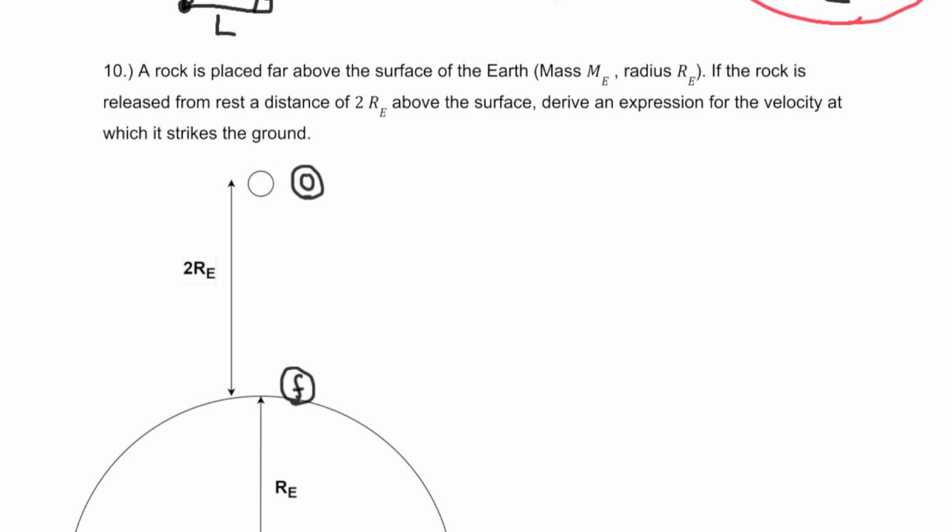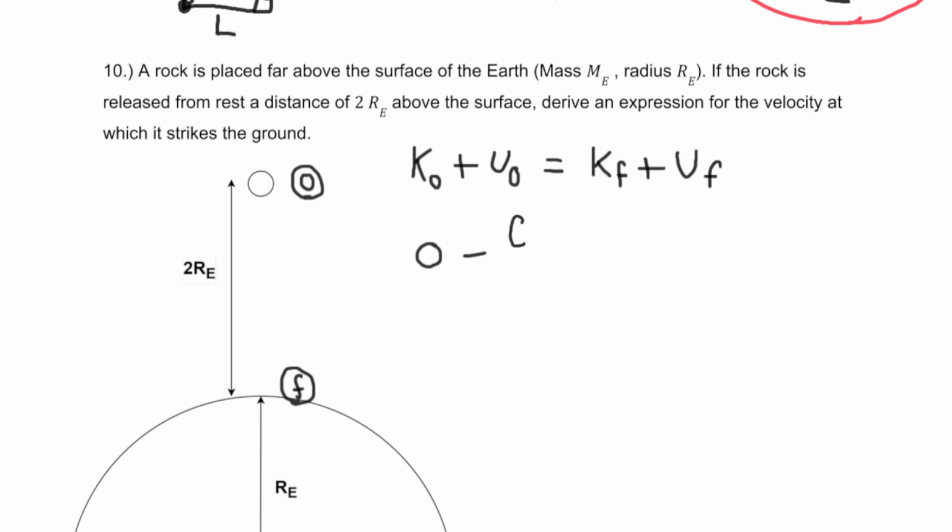So even though the energies have changed, it is just going to be the same old fact that the sum of the energies remains constant. But also we are at rest at the top, so our first kinetic energy term is 0.